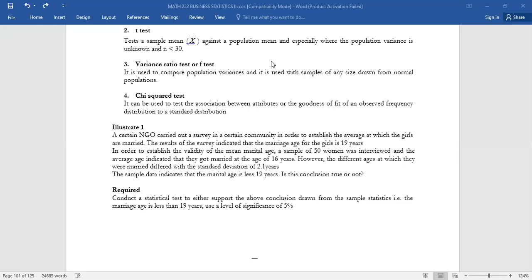Evelyn, help us set the null hypothesis. That's our step 1, setting the null and the alternative hypothesis. Evelyn, can you hear me? I'll assume you are not in the class. Nicholas. Lagat.